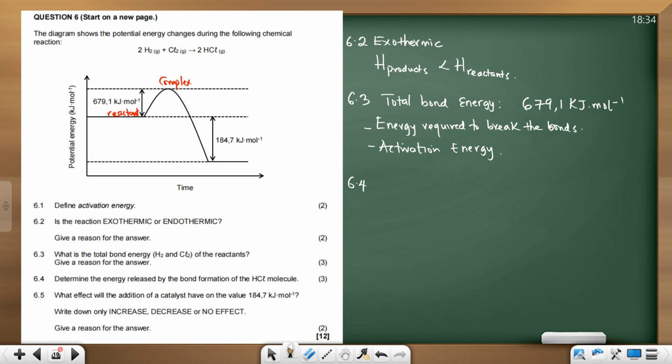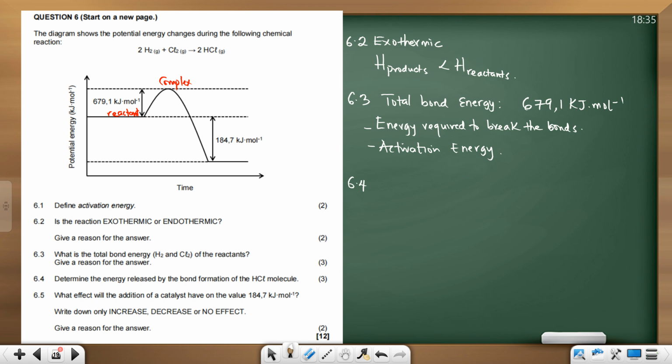Okay, so we said it is the energy needed to break the bonds. Now, what are we looking for? Our next question says: calculate the... Now, let's see something here. To form the bond, what do we need?